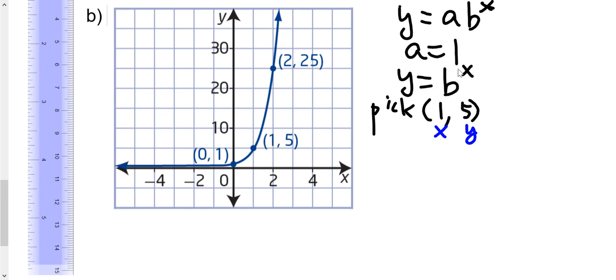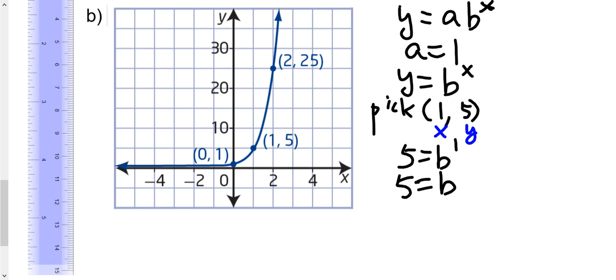So 5 for y, 5 equals b raised to the power of x. My b is what I'm trying to look for, and x is, in this case, 1. So if you plug that in, that means b is equal to 5.